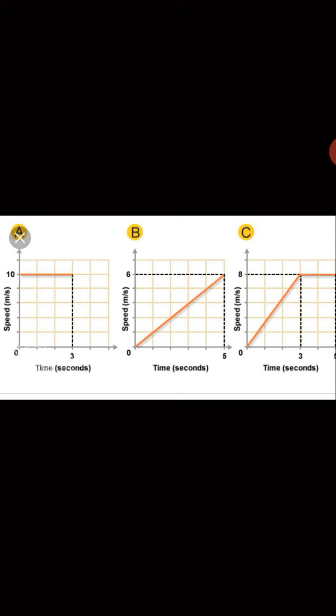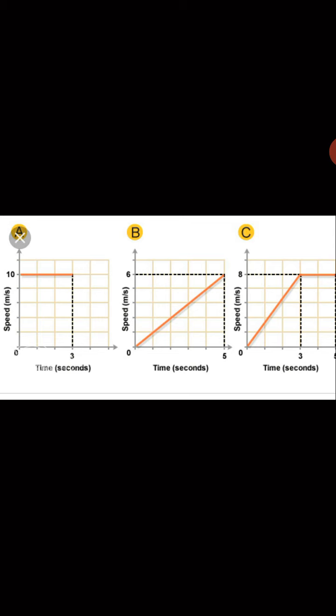The time is always denoted on the horizontal axis, that is x-axis, and it is in seconds. So in speed time graphs, speed is on y-axis and time is taken on x-axis. Let us see three different types of speed time graphs.